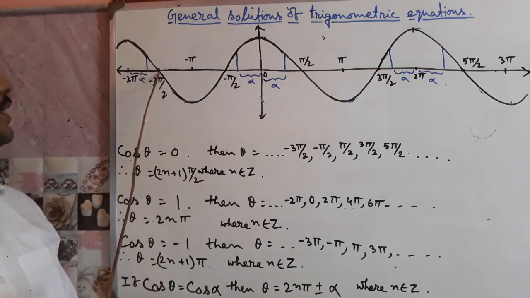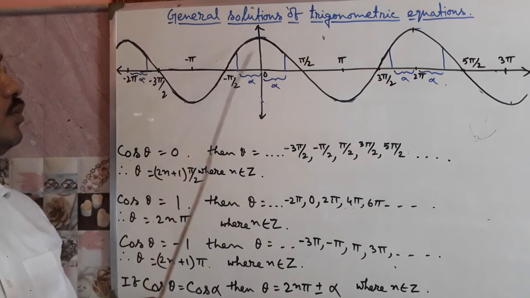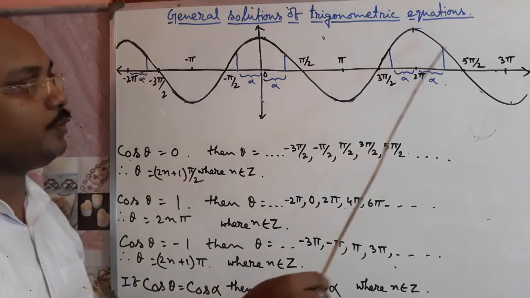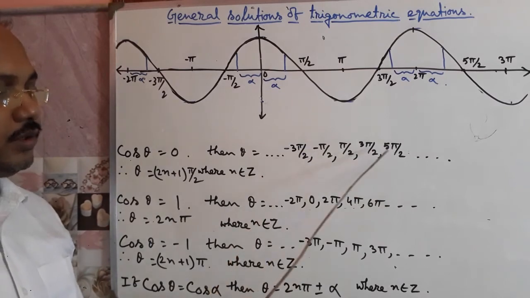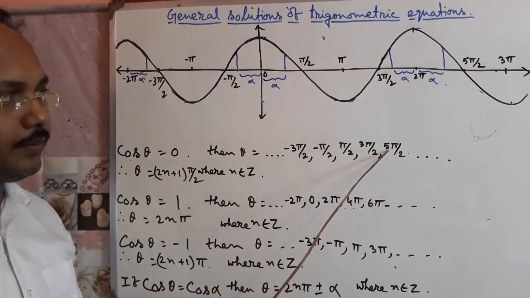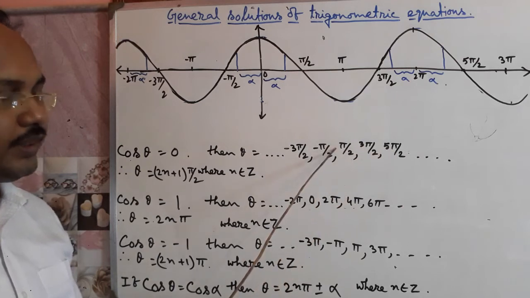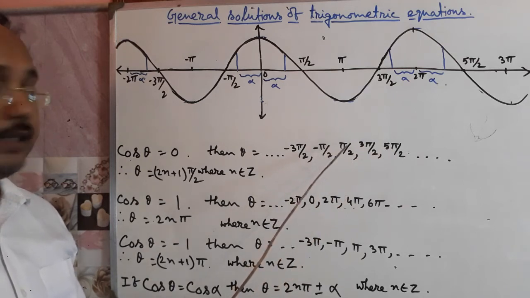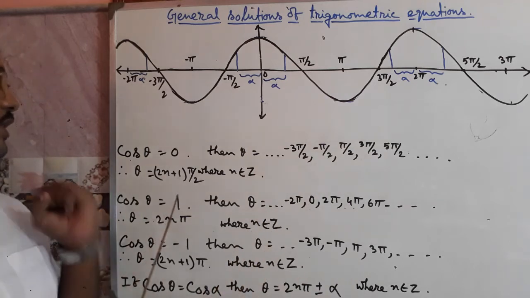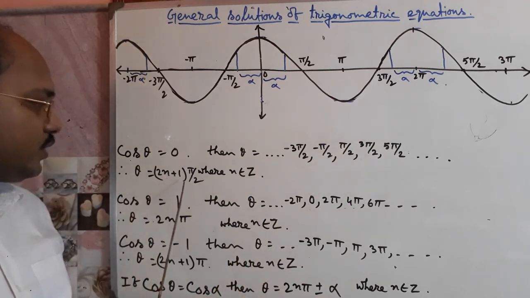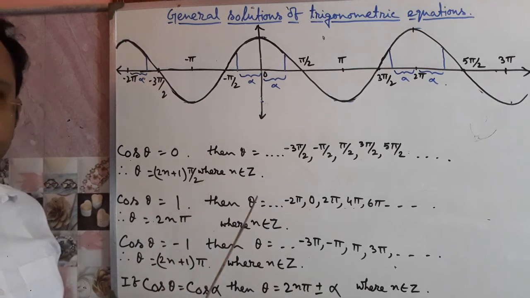You see minus 3 pi by 2, minus pi by 2, then pi by 2, 3 pi by 2, 5 pi by 2, and so on. That means you see the coefficients of pi by 2, 5, 3, 1, are odd numbers. That means for odd multiples of pi by 2, cos theta is equal to 0. That's why theta is equal to (2n plus 1) into pi by 2, where n belongs to Z.